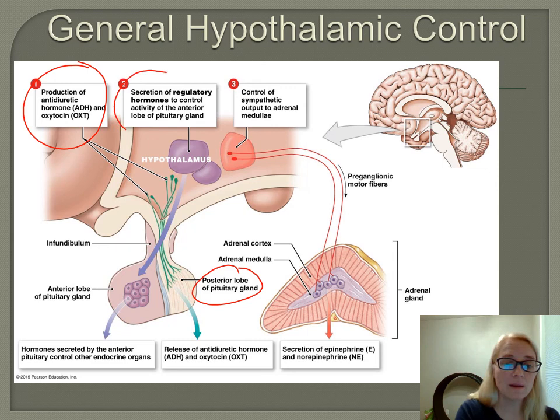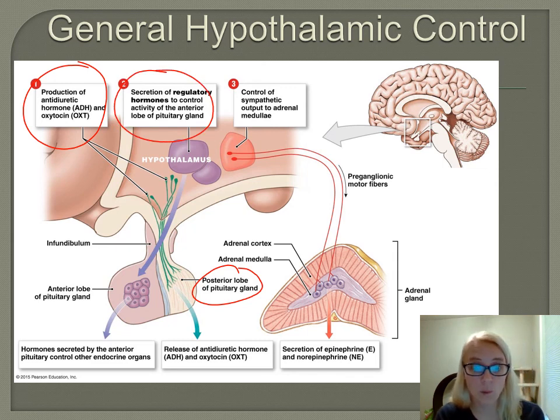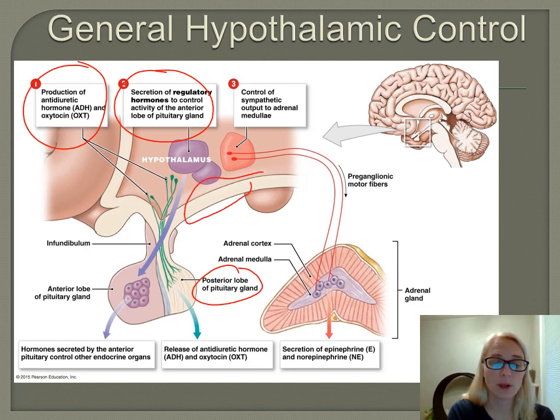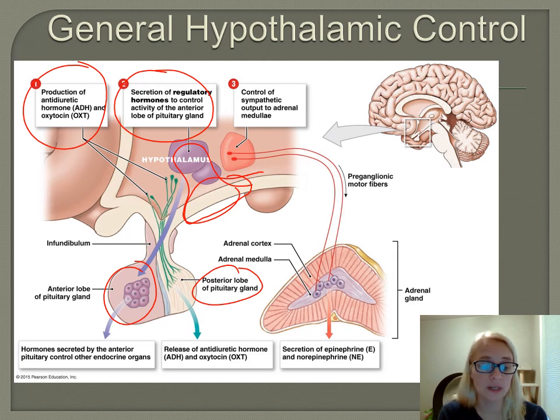The second way, and this is a huge way, is that there are cells, particularly if you remember the tuberal area, because here's the mammary gland. Cells in this tuberal area of the hypothalamus produce regulatory hormones that go down and regulate 7 of the hormones that are secreted from the anterior lobe of the pituitary.